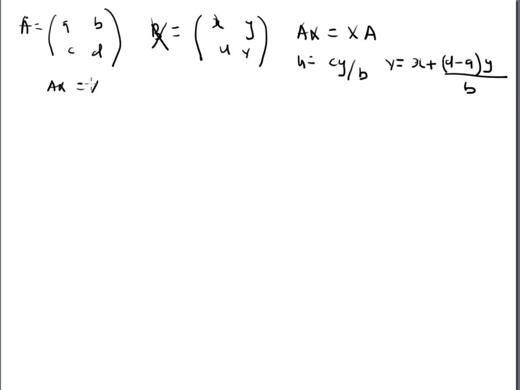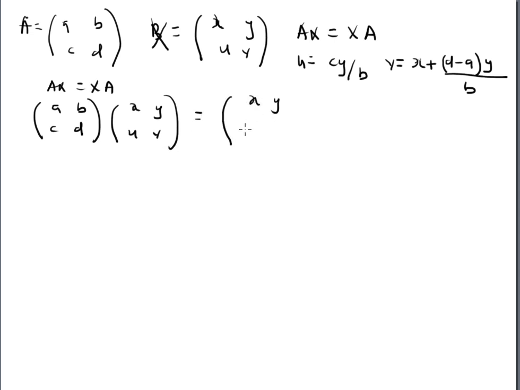So AX is equal to XA, right? It's equal to the matrix A, B, C, D multiplying X, Y, U, V, and this is equal to X, Y, U, V multiplying A, B, C, D. Okay. So now, as I said, in matrix multiplication, we go the horizontal way multiplied by the vertical, right? So now A B multiplied by X U, we get AX plus BU.